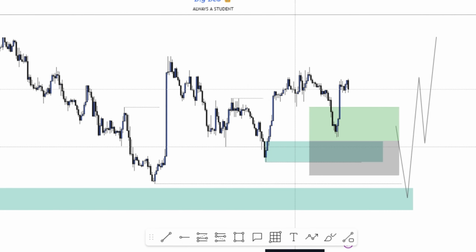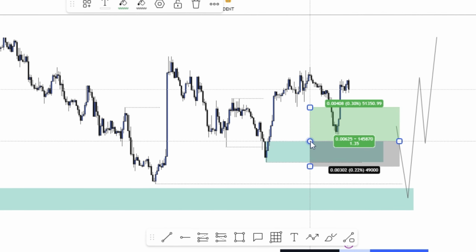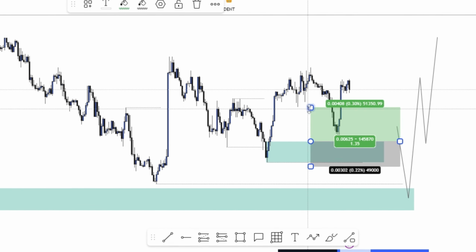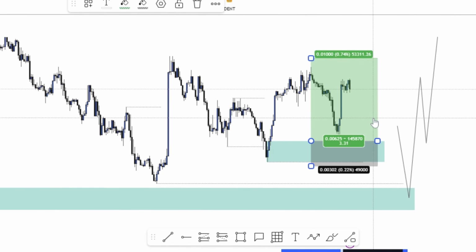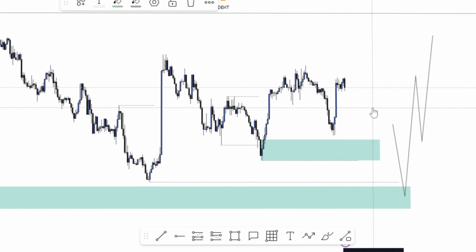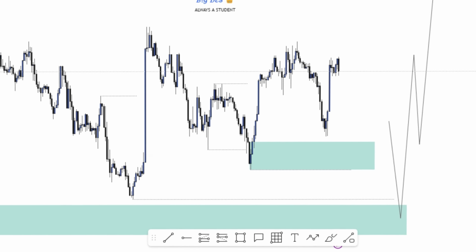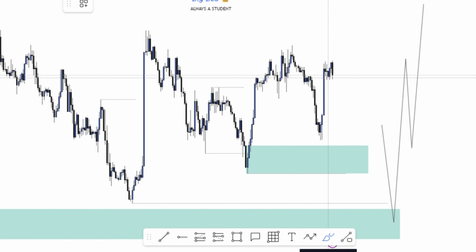And every break of structure is a sign of continuation. So they would like to buy from here, maybe target wherever they want to target. That's not my problem. Once that happens, market will definitely give us a reaction, which is what happened here.